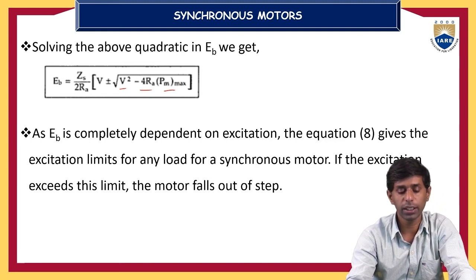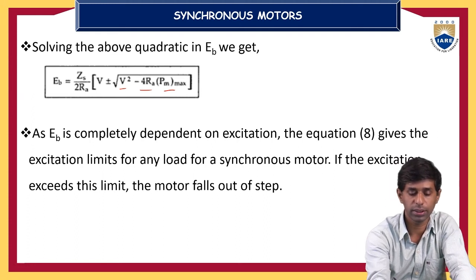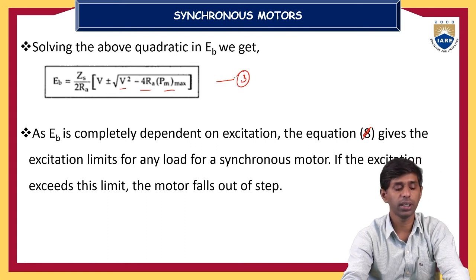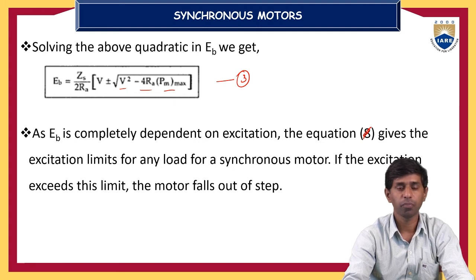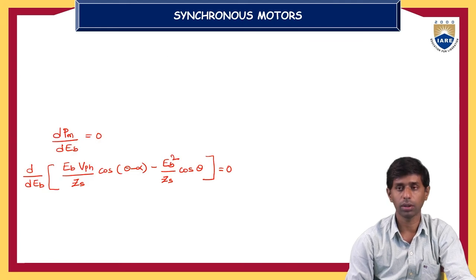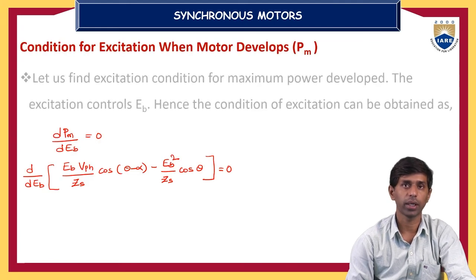So EB completely depends on excitation. This equation, say equation number 3, gives the excitation limits for any load for a synchronous motor. If the excitation exceeds this limit, the motor falls out of synchronism, that is, out of magnetic locking.